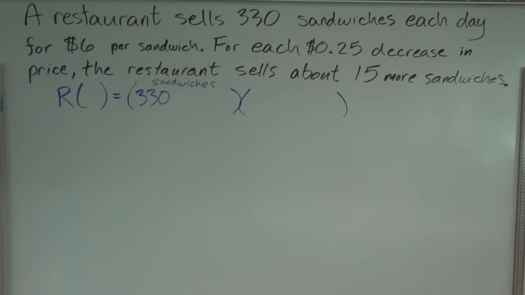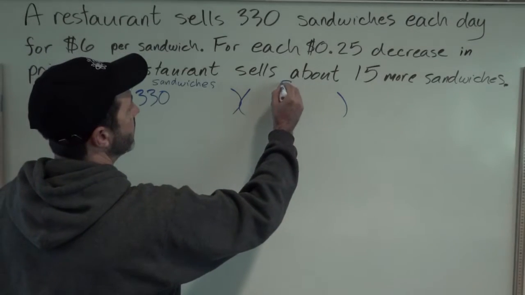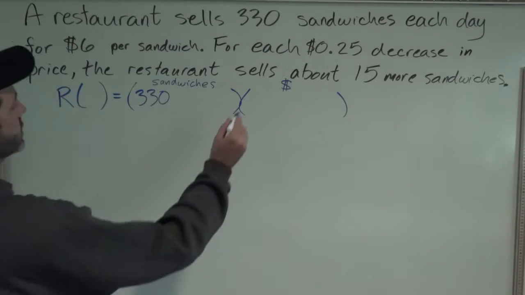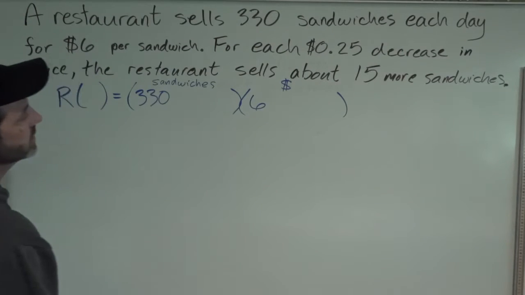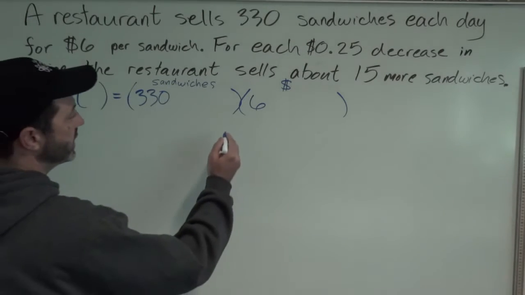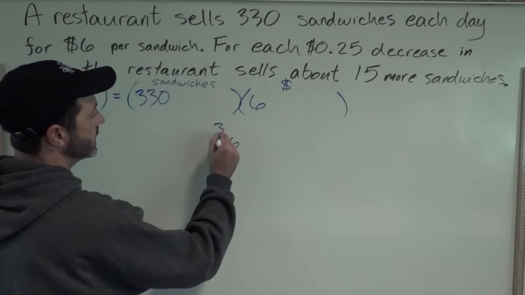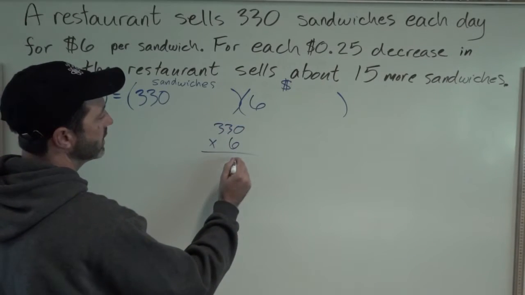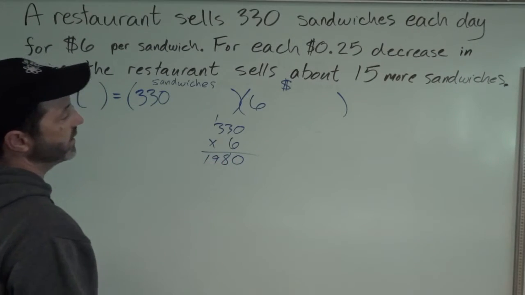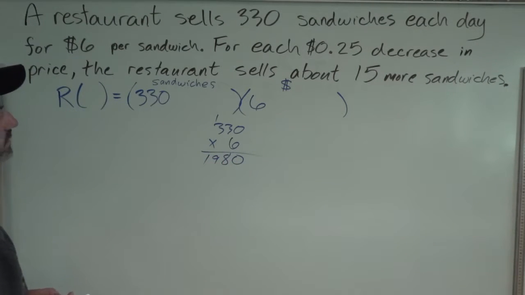Now, in order to calculate revenue, I also need to know something about the money. Currently, we're charging $6 per sandwich. Okay, so right now, what can I expect? Well, just very quickly, 6 times 330, $1,980 for now.